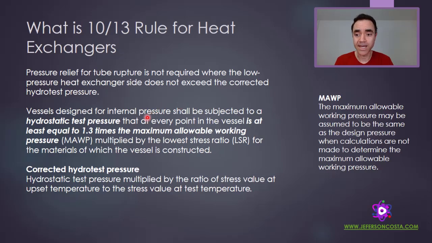So what does ASME say? ASME says that a vessel designed for internal pressure shall be subjected to a hydrostatic test pressure that at every point in the vessel is at least equal to 1.3 times the maximum allowable working pressure multiplied by the lowest stress ratio for the material of which the vessel is constructed.